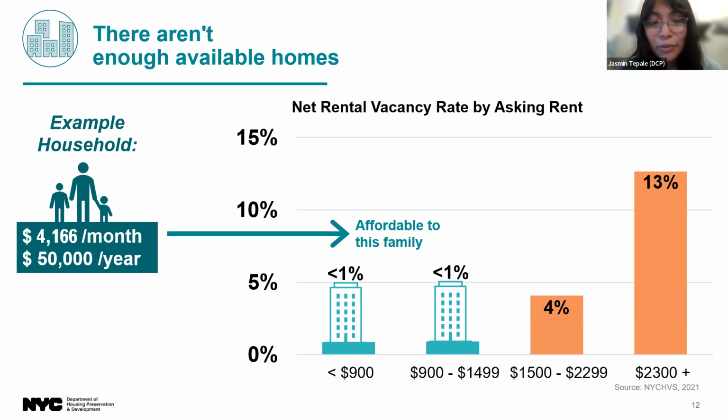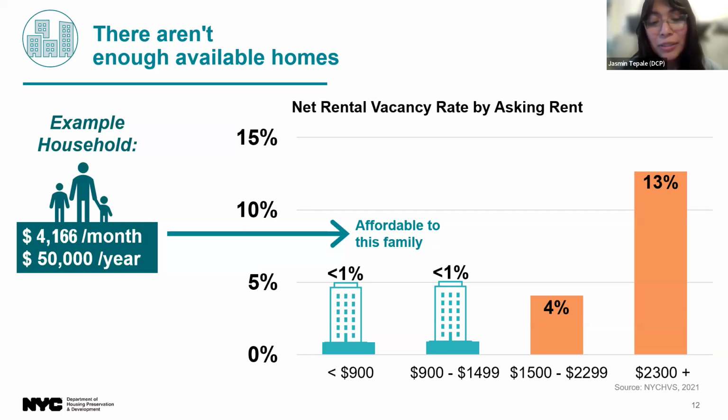For a typical New York City family of three that makes about 50,000 a year on average, trying to find an affordable home is really tough. On the flip side, around 13% of units are vacant if you can afford a $2,300 a month apartment, meaning more housing options for renters with higher incomes.